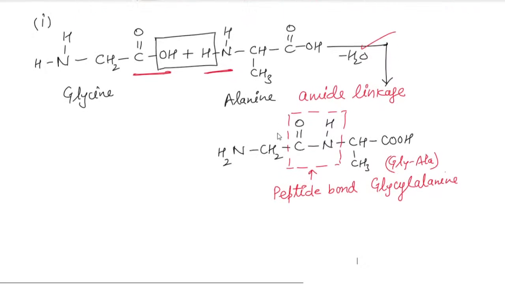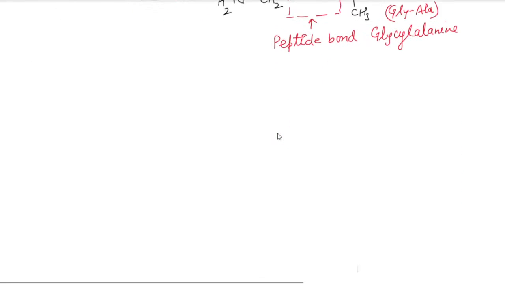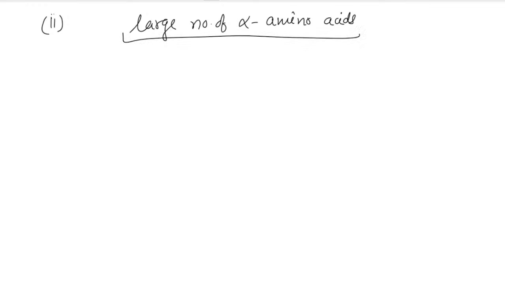Now primary structure. Proteins contain one or more polypeptide chains, and each polypeptide chain is made up of a large number of alpha amino acids. They are linked in a specific sequence.